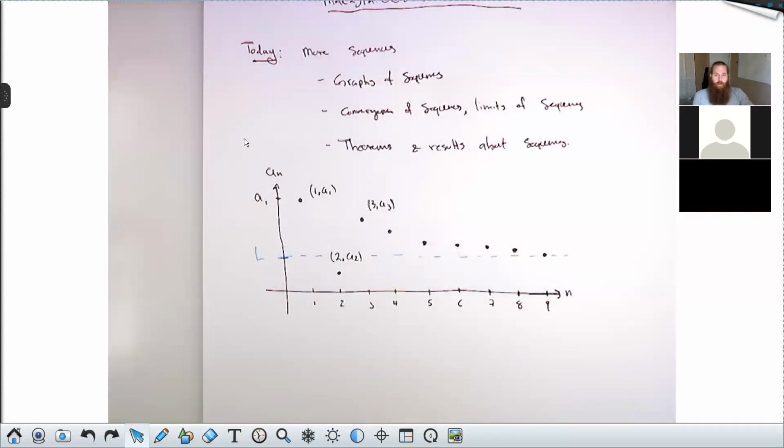So, the graph of a sequence looks like this, right? Just those dots. And the only calculus operation we could hope to do with something like this is take the limit as n goes to infinity.